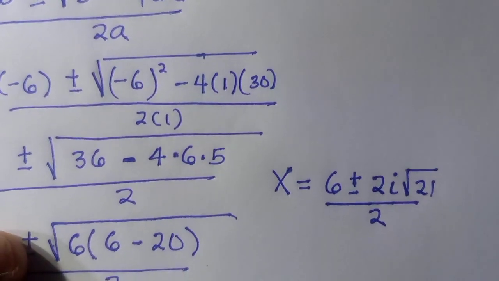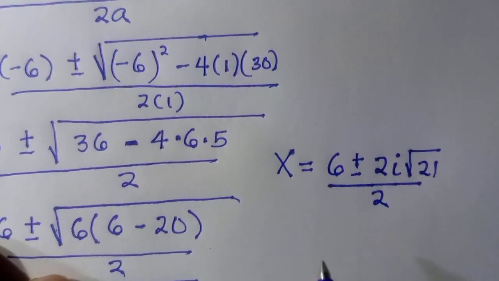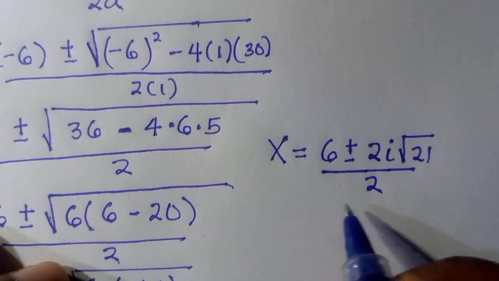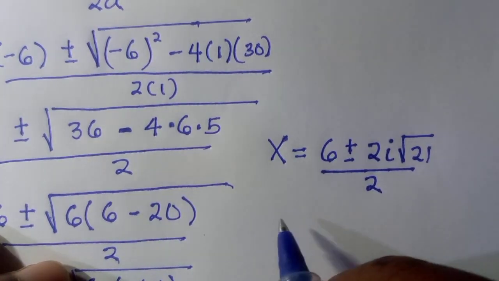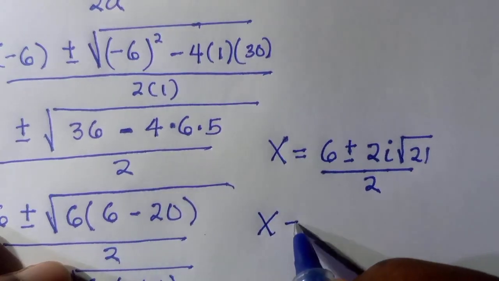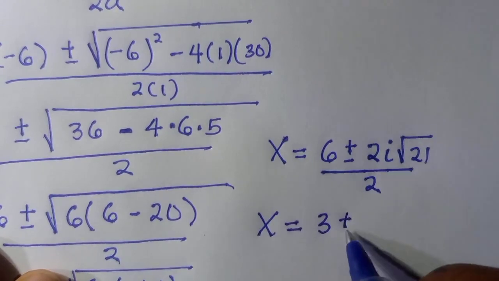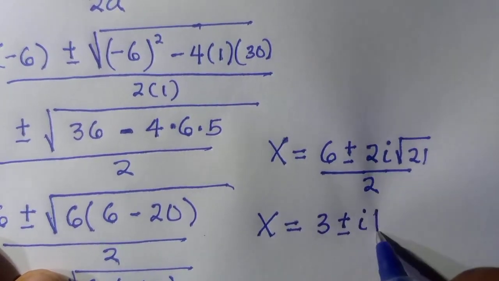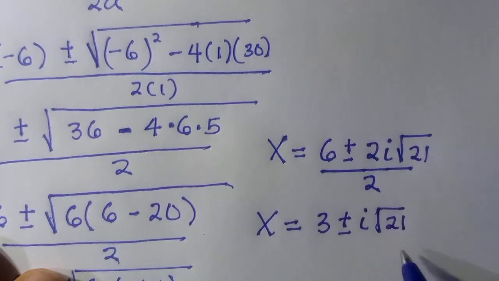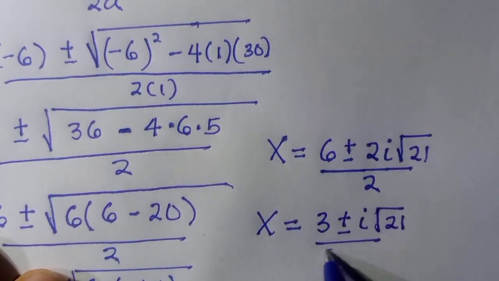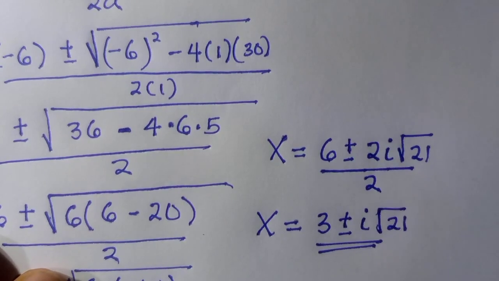So by dividing both sides by 2, when we factor out 2, then we divide by 2, we get the value of x equals 3 plus or minus i root 21, and here is the result as a complex solution.